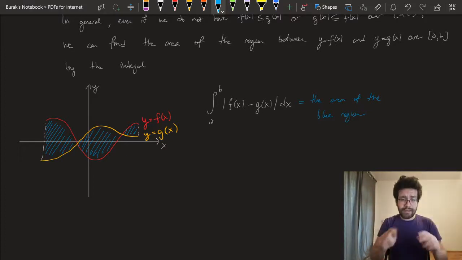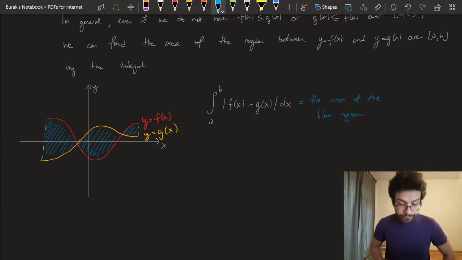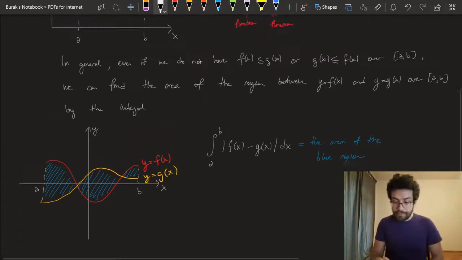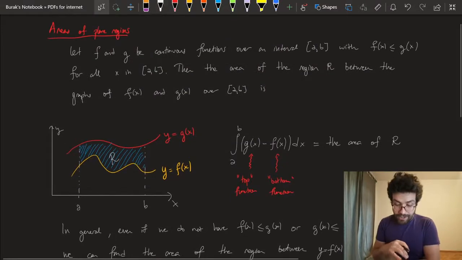So choose one, consider the difference, take the absolute value, and integrate this over your interval. This will give you the area of the region between the graphs of these functions over that interval. Okay, so this is my A, this is my B. Okay, so that's that.